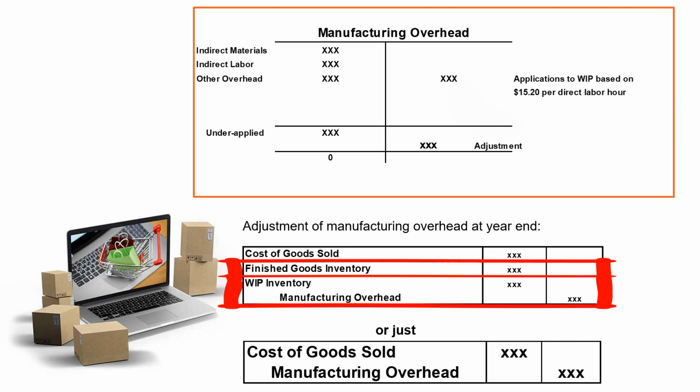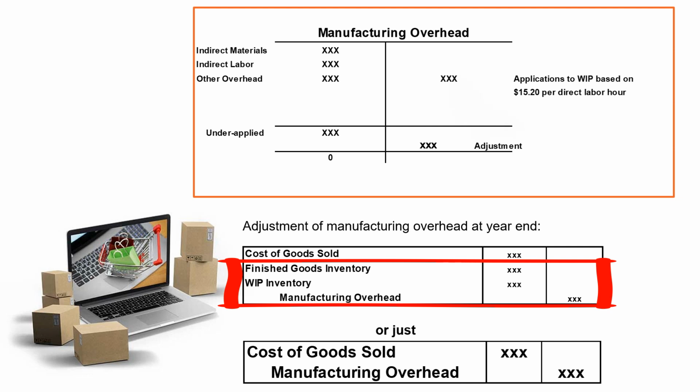So maybe what we should do is debit a little bit to work in process, but most of it to finished goods inventory, because that's where those units that were produced are. And since we under-applied it to the work in process as it was being built, we now need to increase the amount of overhead that we applied to it, because we under-applied it during the period. We need to apply more to that inventory at this point in time. But most of that inventory is in finished goods.